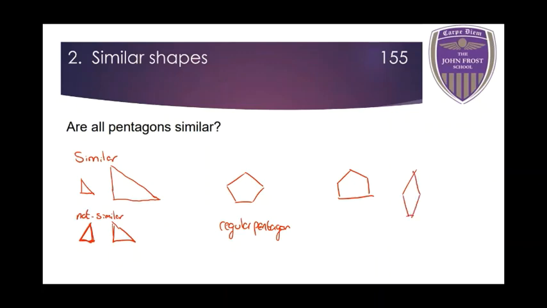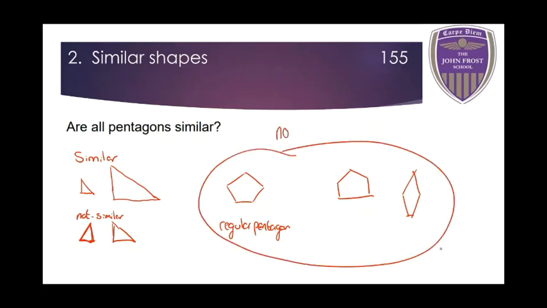These are all not similar. So the answer to this is a big fat no. All pentagons are not similar because we can easily draw slightly different or irregular pentagons.